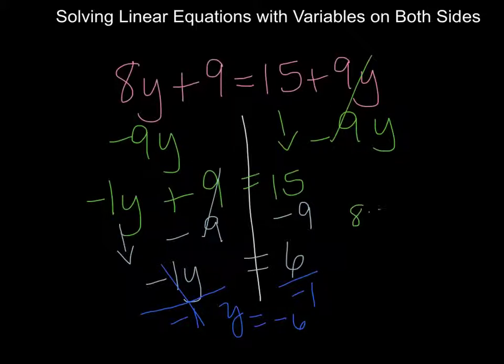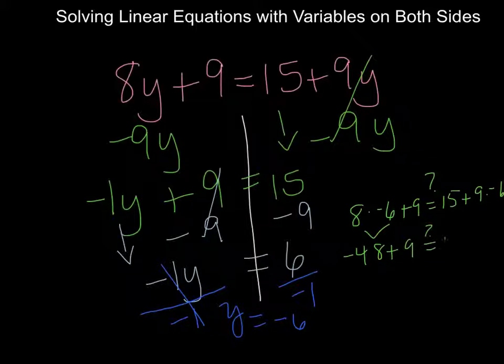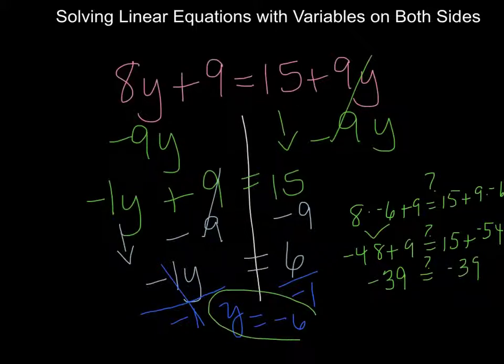So 8 times -6 plus 9, is it equal to 15 plus 9 times -6? -48 plus 9, is it equal to 15 plus -54? -48 plus 9 is -39, and 15 plus -54 is -39. Therefore, we do have the correct solution to our equation.